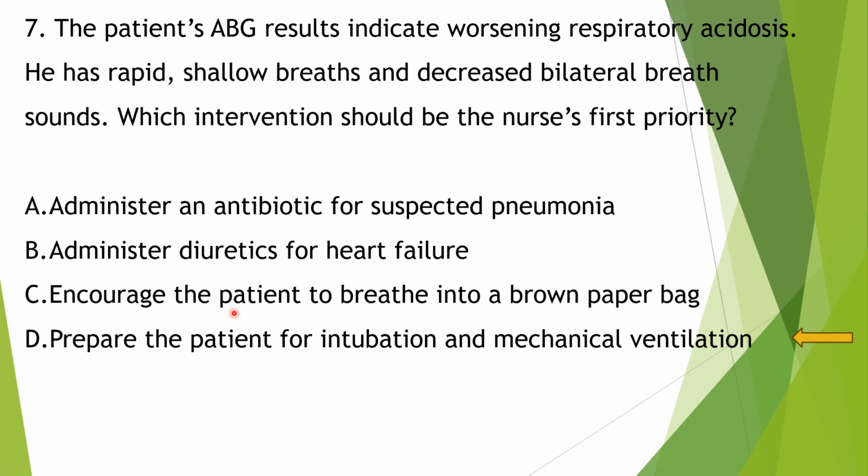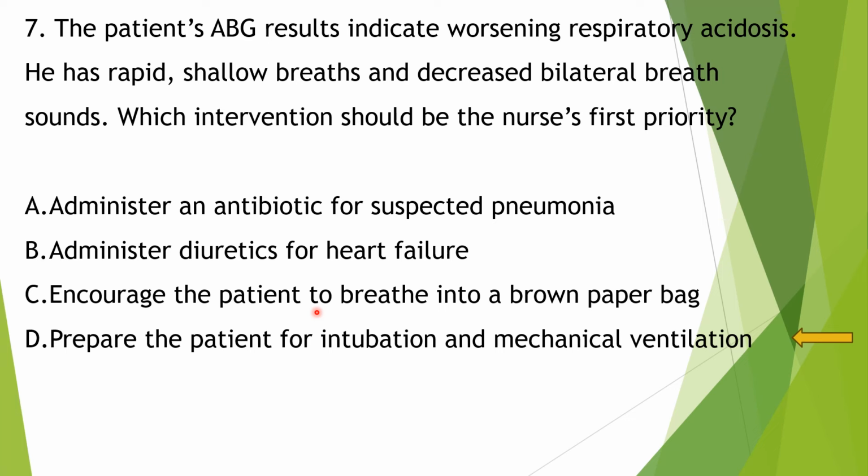Encourage the patient to breathe into a brown paper bag. This is done when the patient is having less partial pressure of carbon dioxide. That means the patient is having alkalosis. So when the patient is having respiratory alkalosis only, we will encourage the patient to breathe more carbon dioxide.